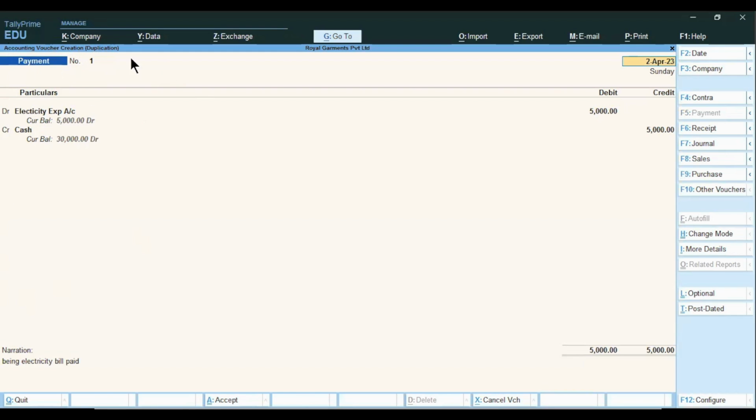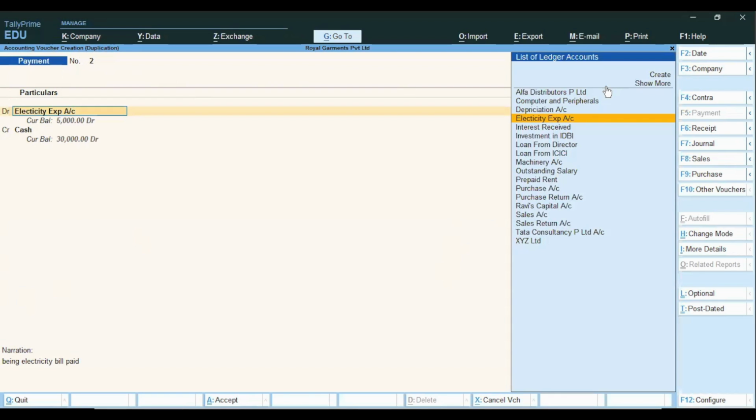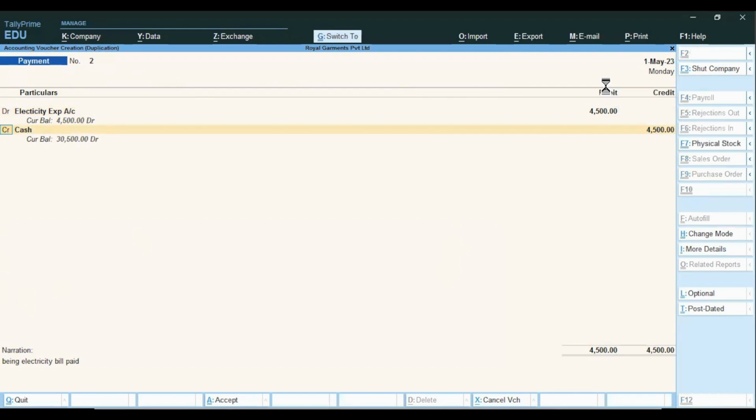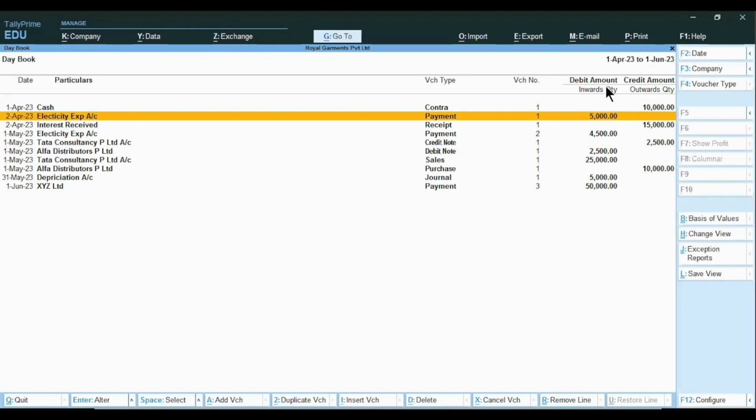This is the duplicate voucher. And suppose the first voucher was April. Now I am entering the electricity expense of May. So I am changing the date to 1/5/23. Enter electricity expense. Suppose it was 4,500. 4,500 and Control A to accept.